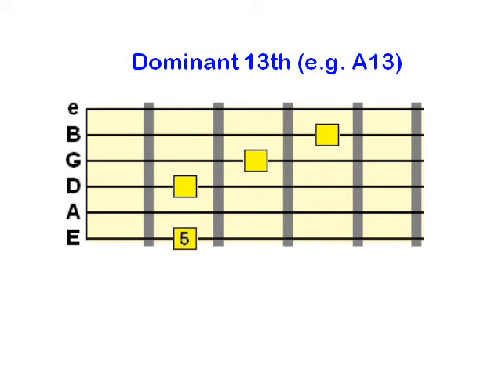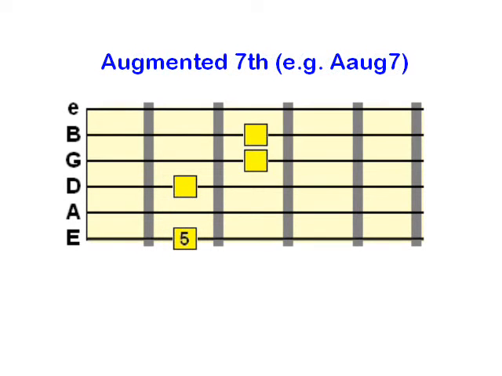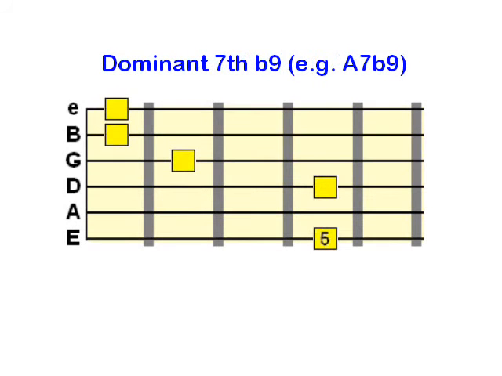An extended dominant 13th, or to really enhance the tension and turn that signpost into a huge flashing marquee, augment the dominant 7th, or use a flat 9th. It's important that you can hear this tension resolution effect no matter where your home is, no matter which key your progression is in.